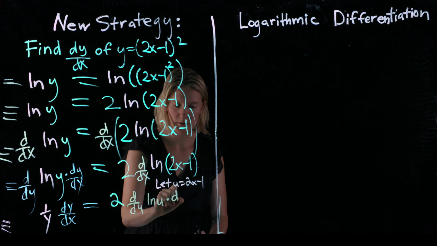Again, this was just an example to talk about the process of finding a derivative using logarithmic differentiation. If I wanted to check my work, I could use the chain rule, and we can see that by doing this process, we'll get the same answer. So this is a valid strategy. If I have y equal to 2x minus 1 squared, and I want to find dy/dx, I'll say let u equal 2x minus 1.